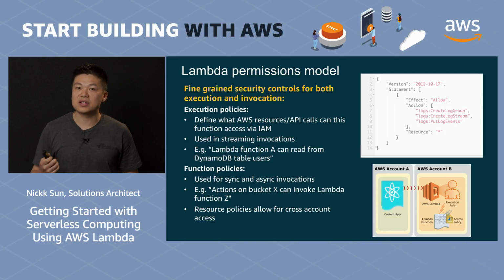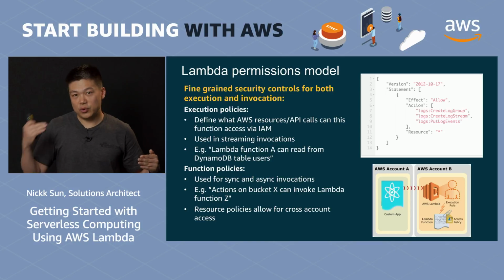The policy defines which downstream services your function can consume or any resource your function can access. Also, there is a function policy. This part defines which source of the event can invoke this Lambda function. For example, you could define that only requests from API Gateway can invoke your Lambda function and nothing else.